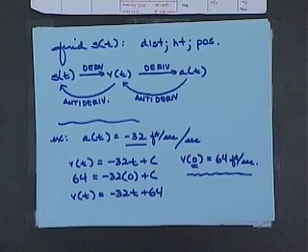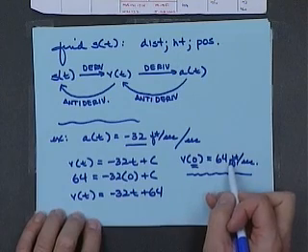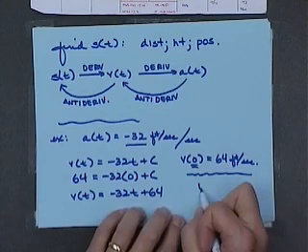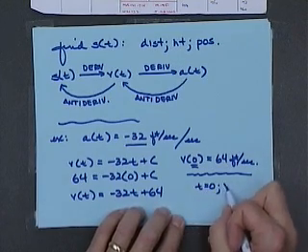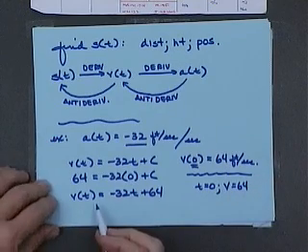So there's our velocity. This is kind of like a point, isn't it? When t is 0, v is 64.